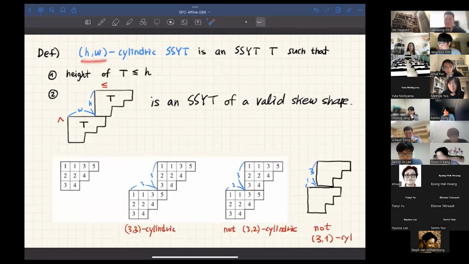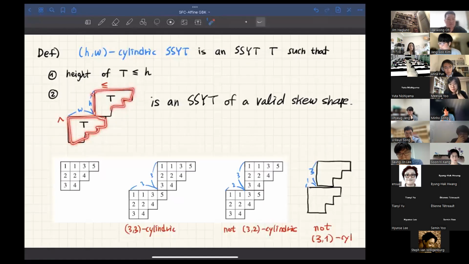For fixed integers h and w, an HW cylindric semi-standard Young tableau is a semi-standard Young tableau such that the height is first of all bounded by h, and we have to have this second condition. So this is our semi-standard Young tableau T. Now I make a copy of this, shift it down by h and to the left by w, and then attach the copy over here.